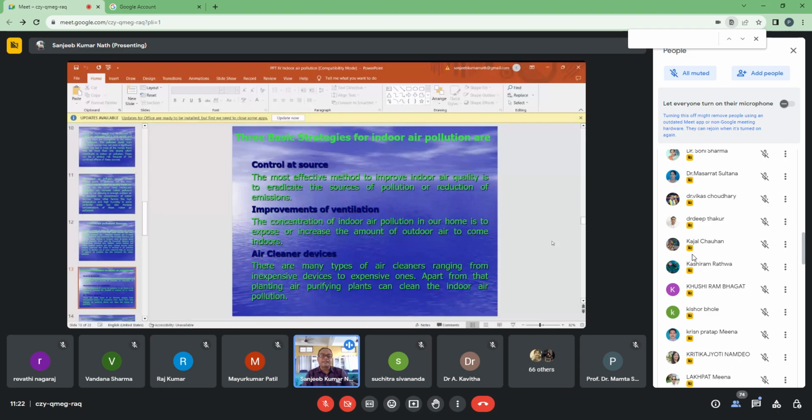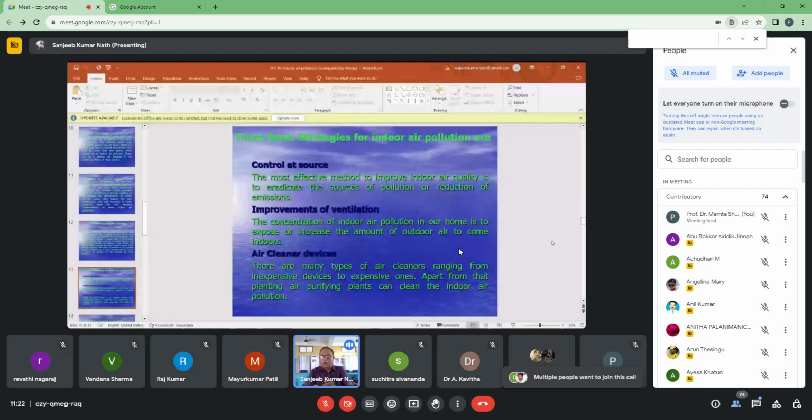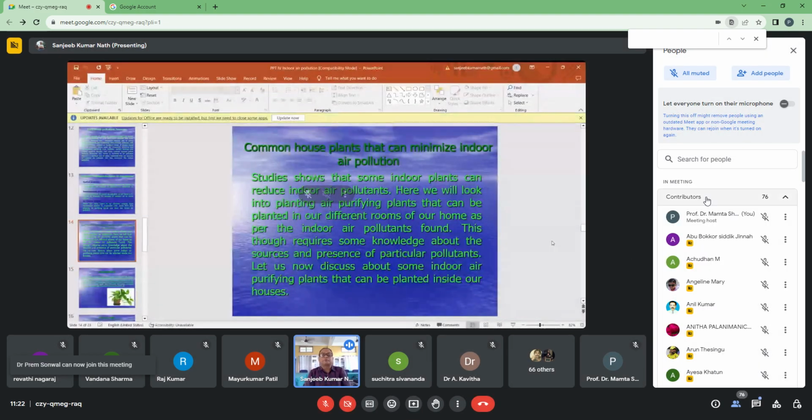Air cleaner devices. There are many types of air cleaners, ranging from inexpensive devices to expensive ones. Apart from that, planting air purifying plants can clean the indoor air pollution. So now we are coming to the point of what are some of the common house plants that can minimize indoor air pollution.